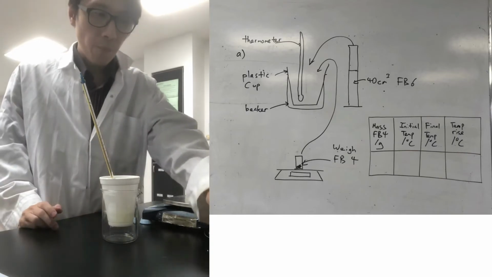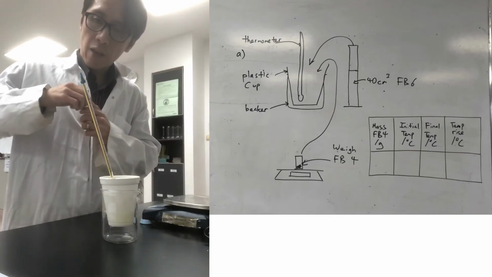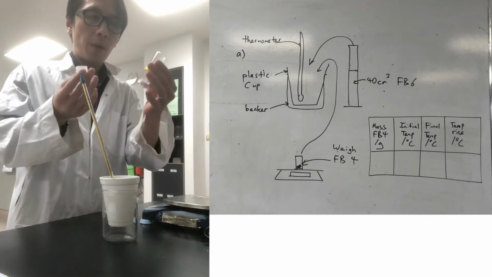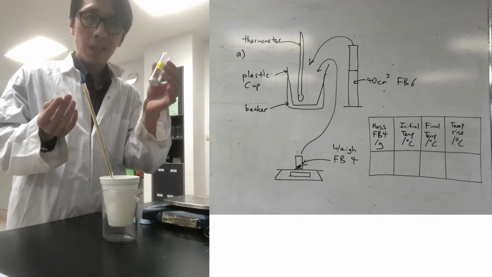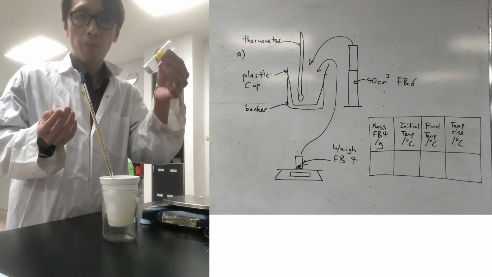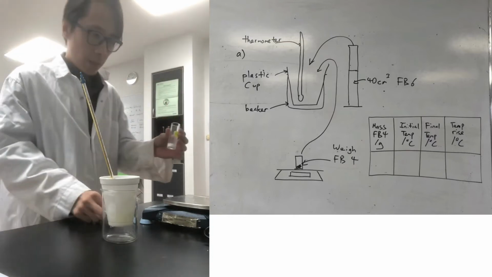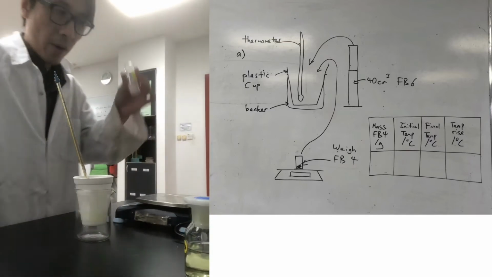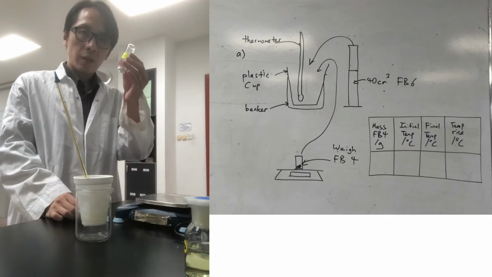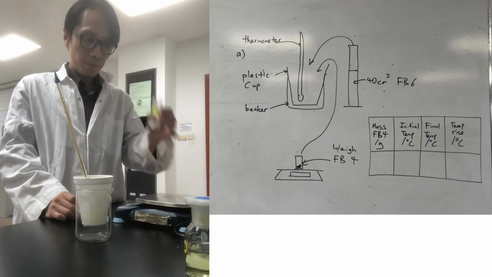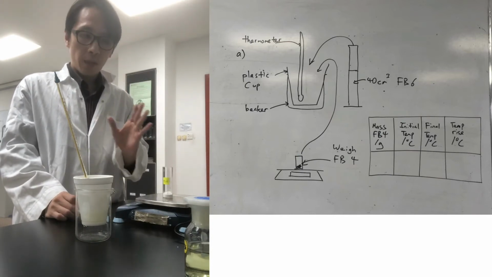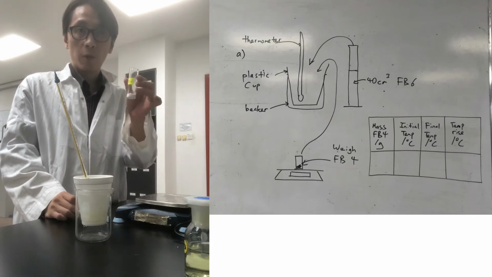So next part, I have to use my FB4. And because this solid was given to me inside a stoppered tube, I have to take the mass. Now be very careful here. If you're taking the mass of only the unstoppered tube, you have to take the mass of the empty unstoppered tube as well.